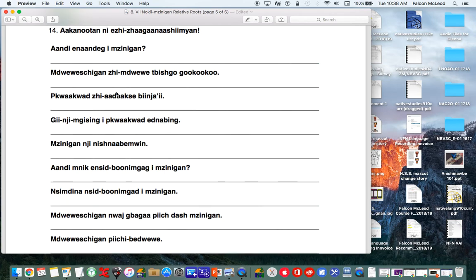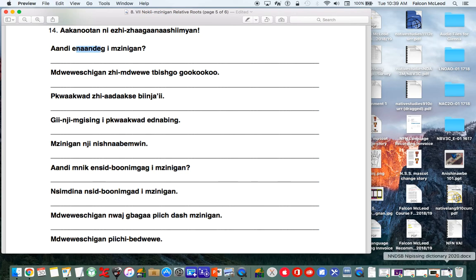All right, number 14. Translate these into English. So we got Aandi, who, what, when, where, why, and how. And Aandeg imzinegan. So we're talking about a mzinegan, which is a book. All right, so we got Enondeg. We know Aandi is plus B form, but since we're dealing with relative roots, B form changes to C form. So this E is there, and then G is the suffix. So our verb must be nonde.